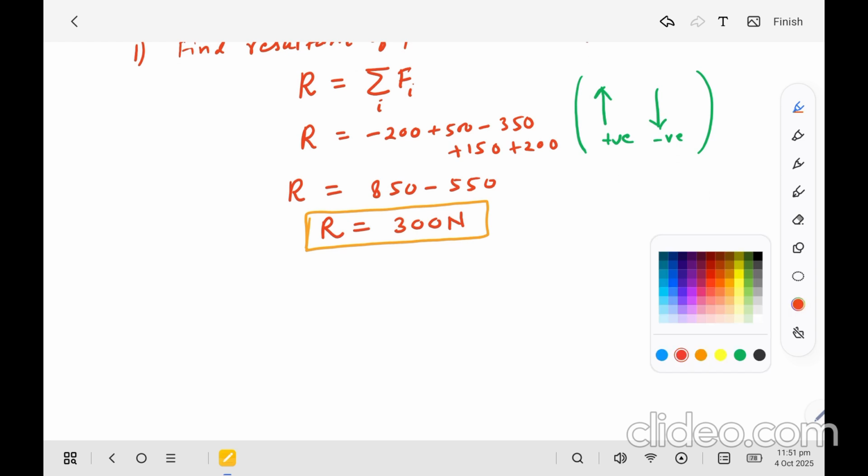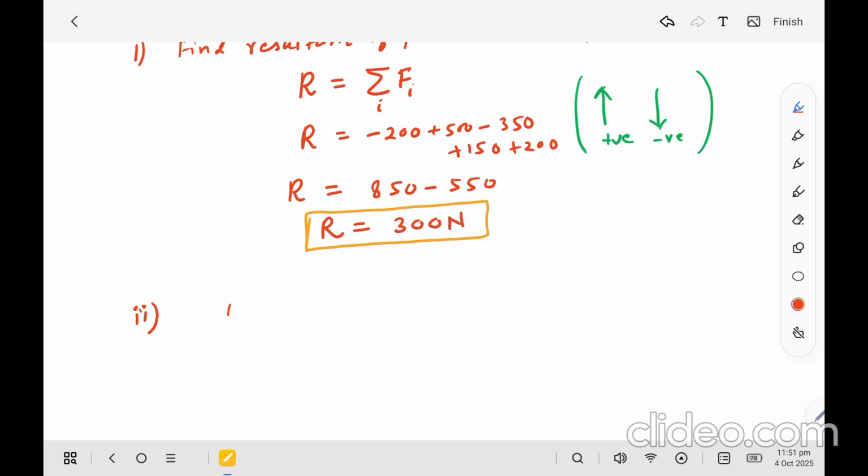Now the second step is to calculate the moments of all the forces about point A. The moment about A is the algebraic sum of the moments of all the forces.